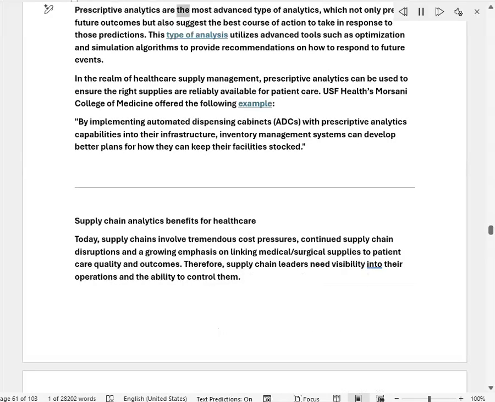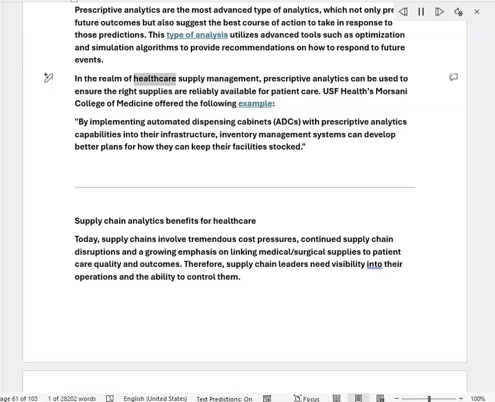Prescriptive analytics are the most advanced type of analytics, which not only predict future outcomes but also suggest the best course of action to take in response to those predictions. This type of analysis utilizes advanced tools such as optimization and simulation algorithms to provide recommendations on how to respond to future events.